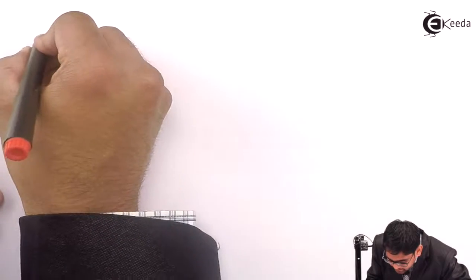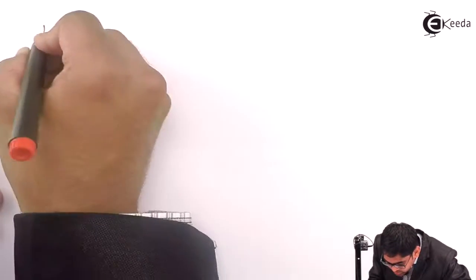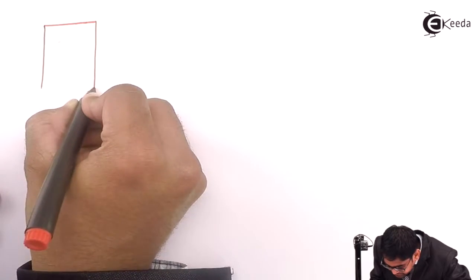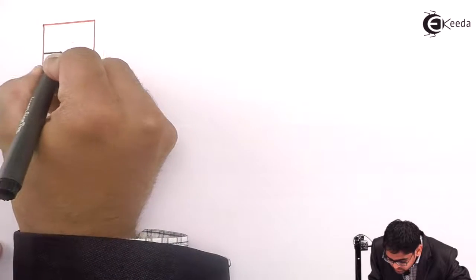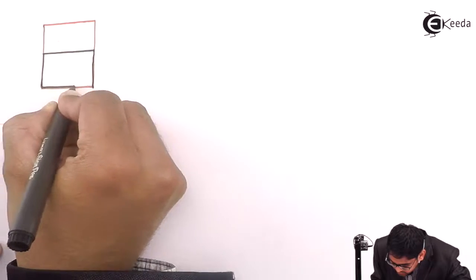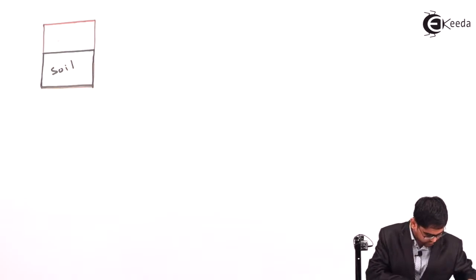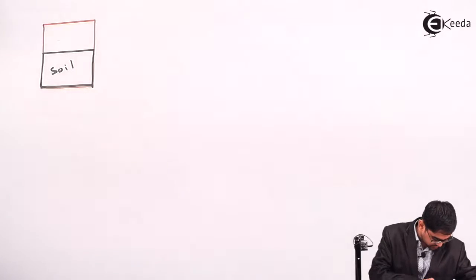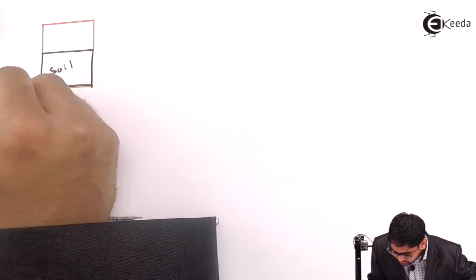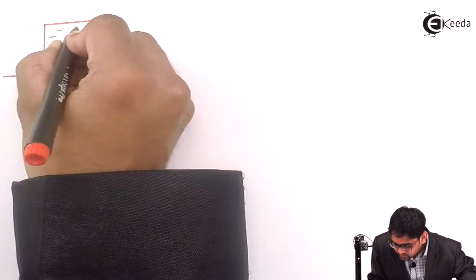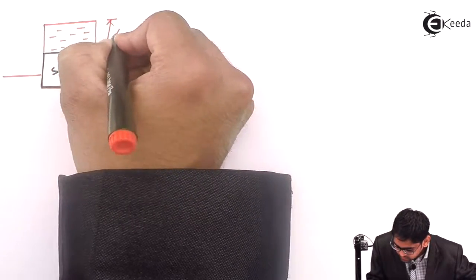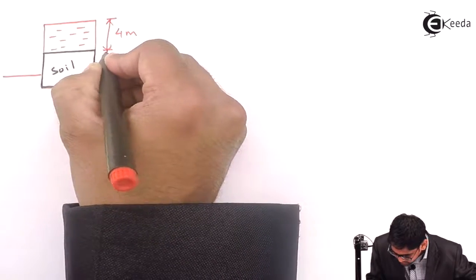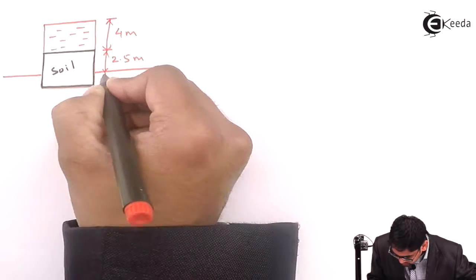So I'll redraw a figure again for you, and on this figure I am drawing the neutral and effective stress diagram. This is the soil. I think the soil length is 3.5 meter, and the water level is like this, and this particular level is 4 meter, and this is 2.5 meter, and this is 1 meter.